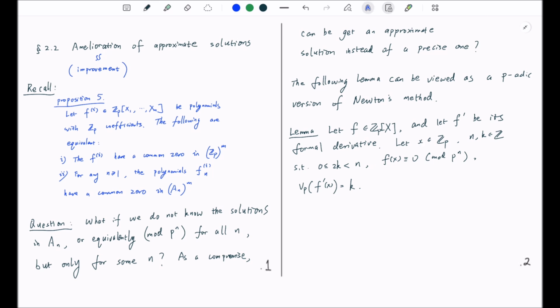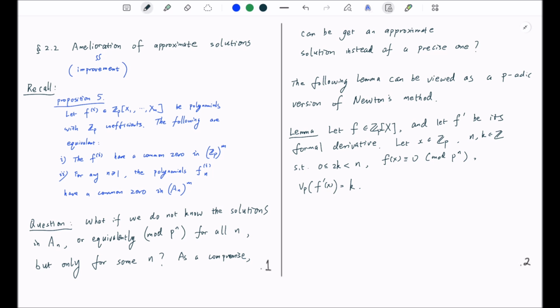Suppose f, little x, n, and k satisfy these relations. In particular, this statement means little x is a solution to f modulo p^n. And as an analog to Newton's method, we're going to move one step further from this little x. From here, we can further get a solution to f modulo p^(n+1).